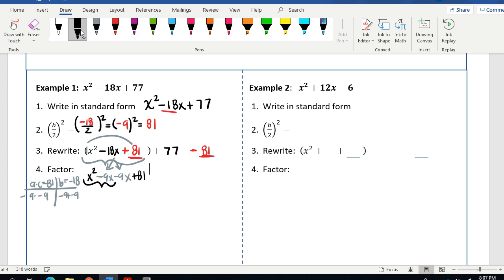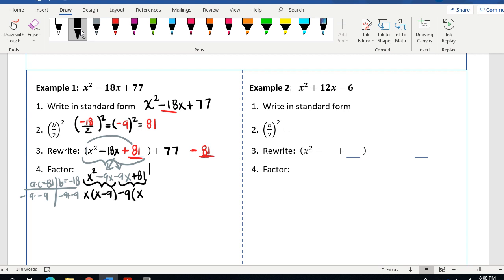I'm going to group the first pair, find the GCF of x squared and negative 9x, which is x. So x squared divided by x is x. Negative 9x divided by x is negative 9. I'm going to group the second pair. My GCF between negative 9x and a positive 81 is going to be a negative 9. Start my parentheses. So negative 9x divided by negative 9 is a positive x.